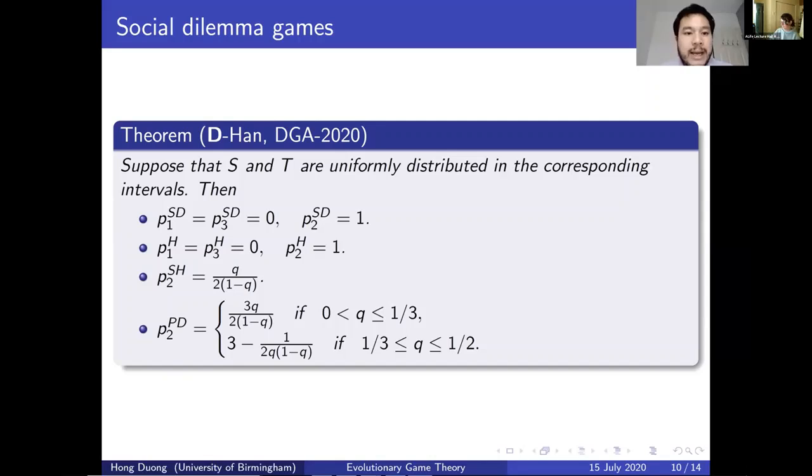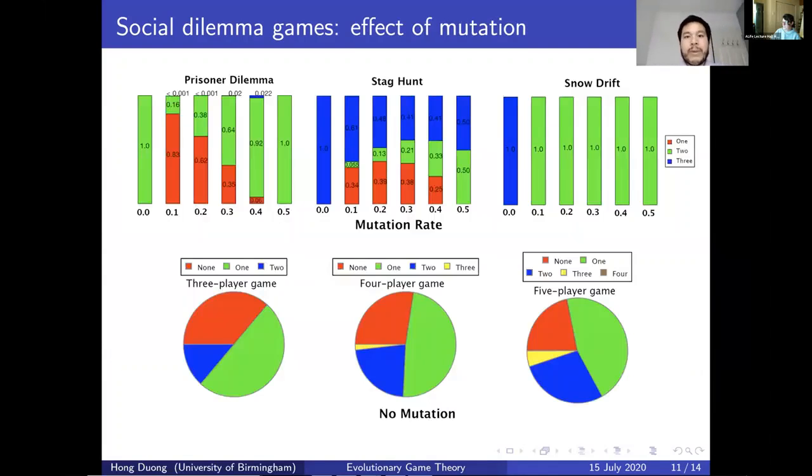We observe here that the stag hunt and the prisoner's dilemma games are more interesting, where the probability p2 behaves very nicely. We also compare our analytical results and sampling to show the effect of mutation for all of the games.